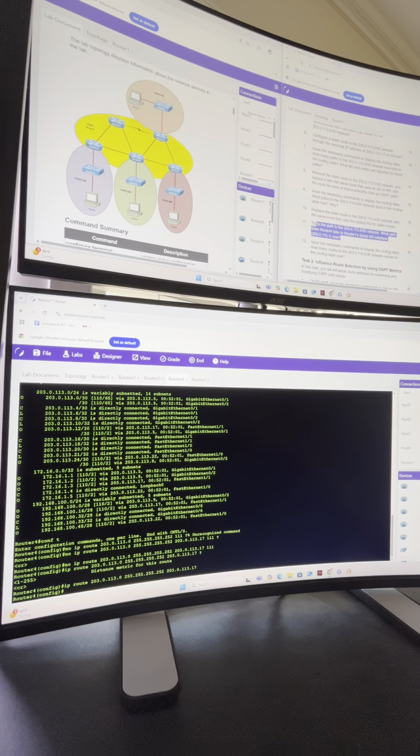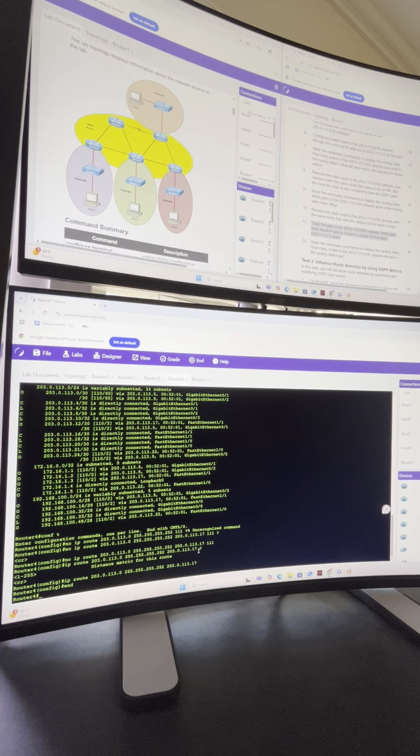So now it says trace the path to the 203.0.113.0/30 network. It says what path does router 4 take to router 1 serial 0/0 interface, which is 203.0.113.1 now. So it should use this next hop IP address of 203.0.113.17. So let's confirm that.